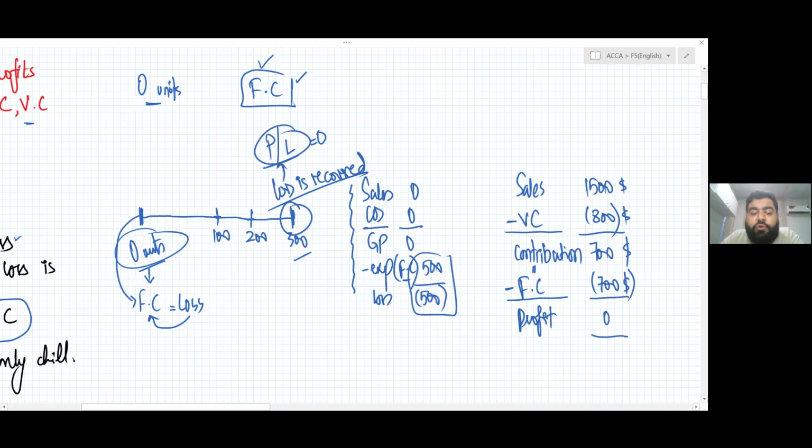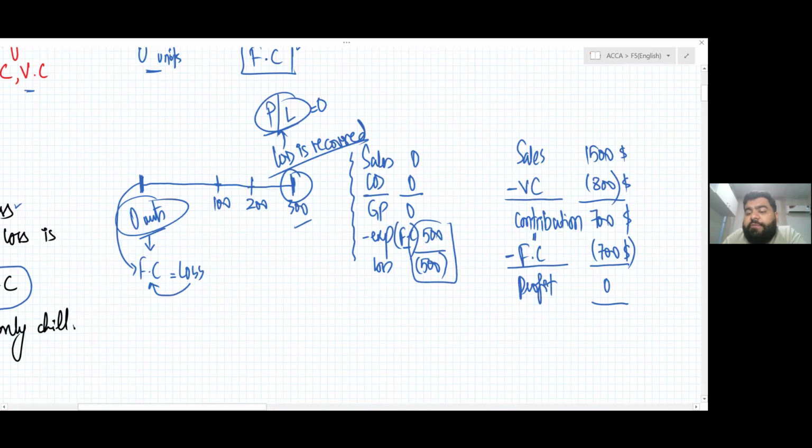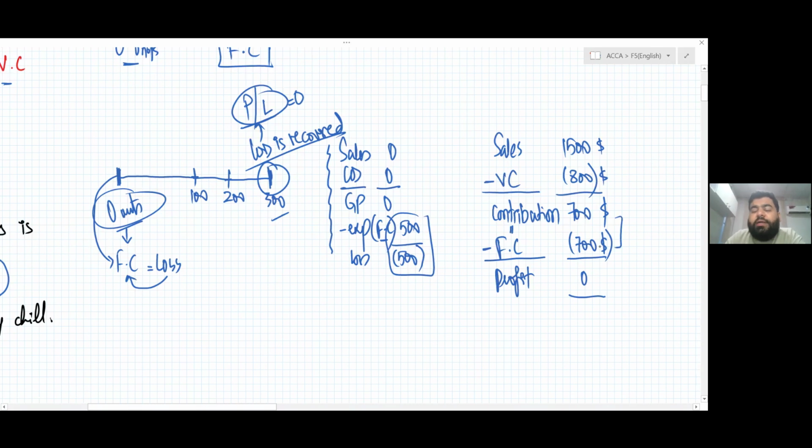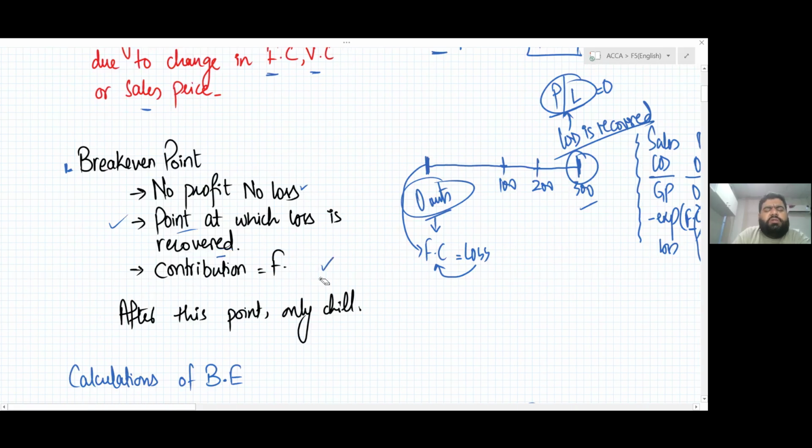That is the break even point, the point at which profit is 0: it will be 0 if your contribution and fixed cost are the same. If the fixed cost is less, you will earn a profit, and if the fixed cost is higher, you will obviously face a loss. So at this point, contribution is equal to fixed cost. This is a small point you can face in MCQs, so you must know it.